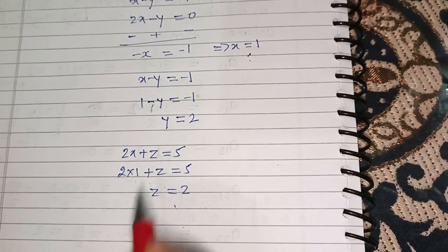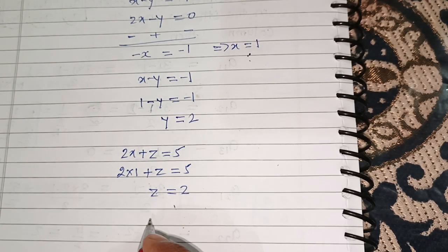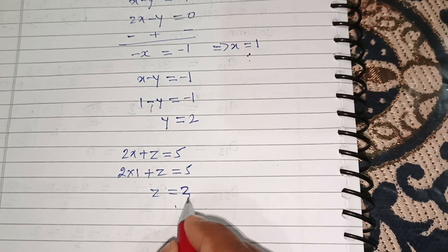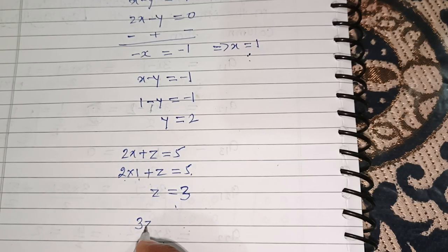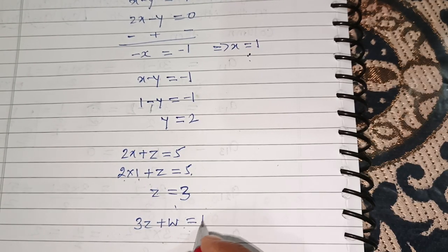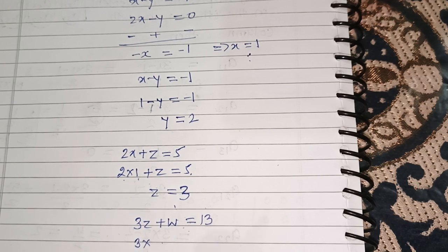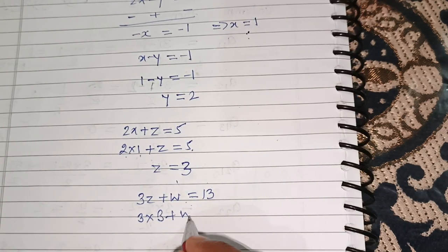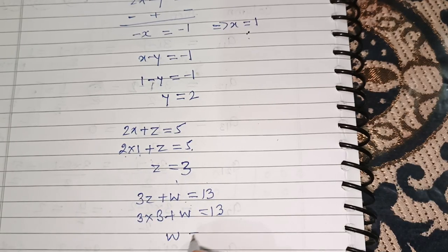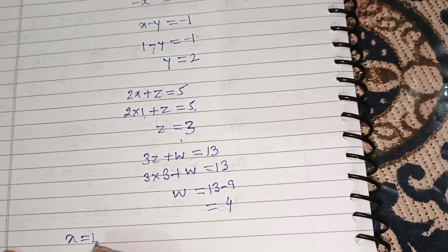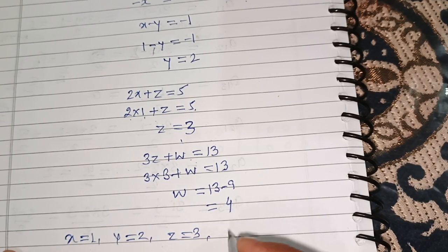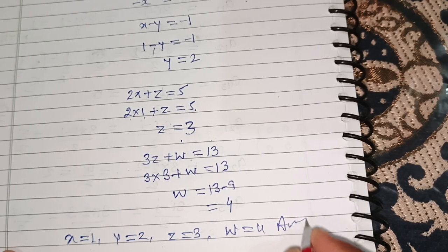So 3z plus w is equal to 13, so 3 into 3 plus w is equal to 13, so w is equal to 13 minus 9, so that is 4. So we have x is equal to 1, y is equal to 2, z equal to 3, and w is equal to 4. This is your answer.